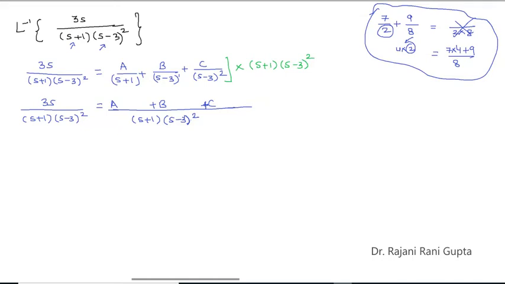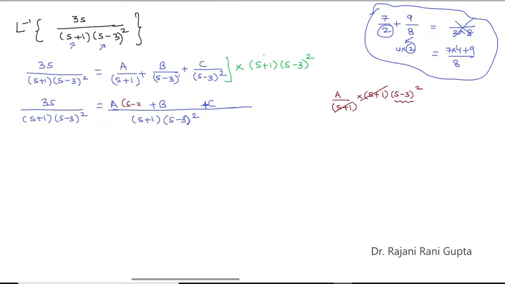When A gets multiplied with this, let me write it down separately. A over s plus 1, when it gets multiplied with s plus 1 into s minus 3 square, s plus 1 and s plus 1 get cancelled. What are you left with? s minus 3 power 2.